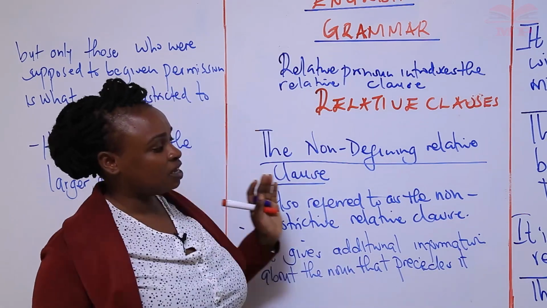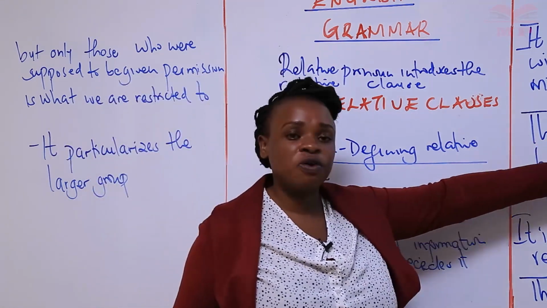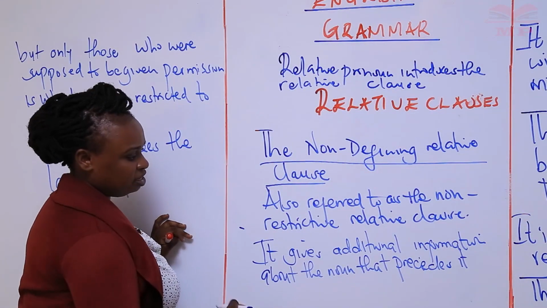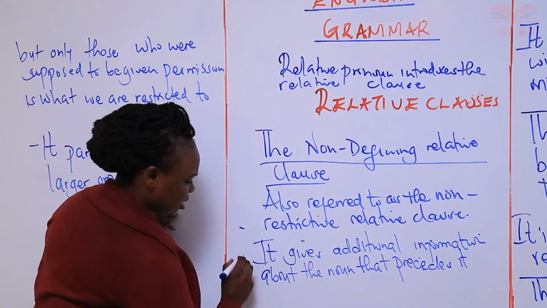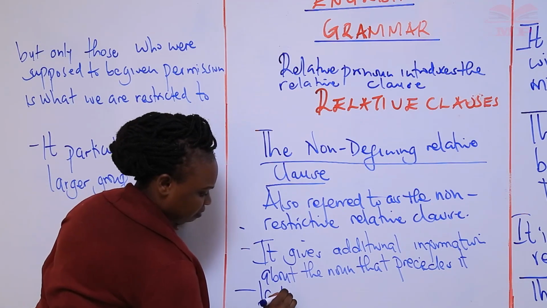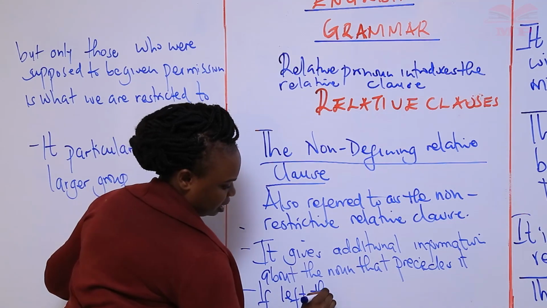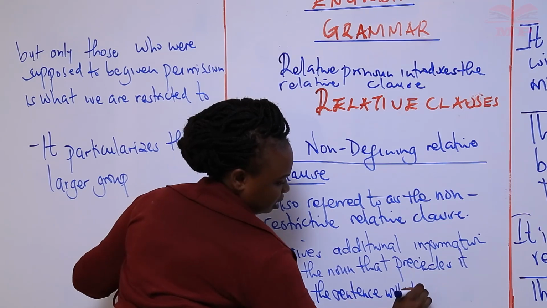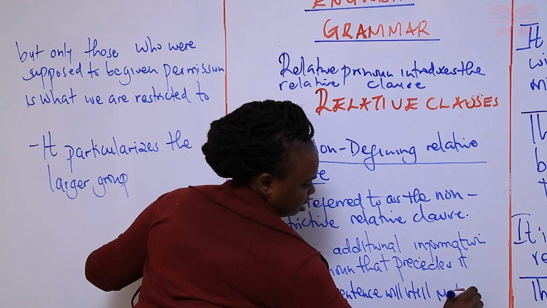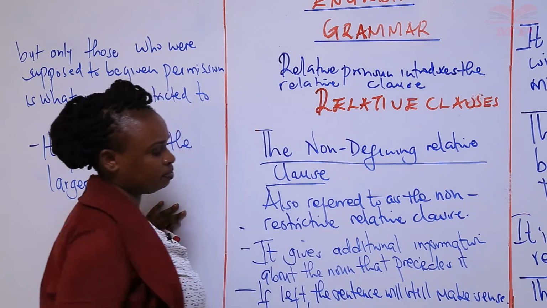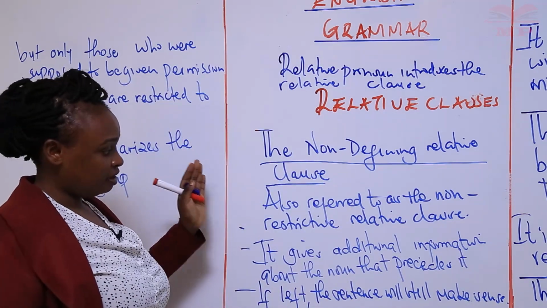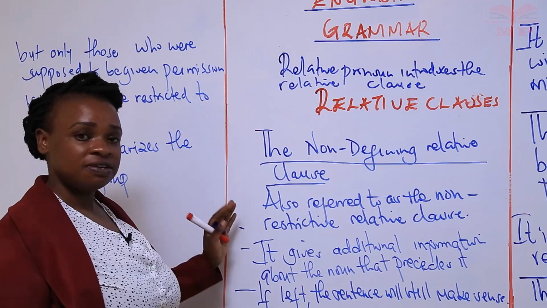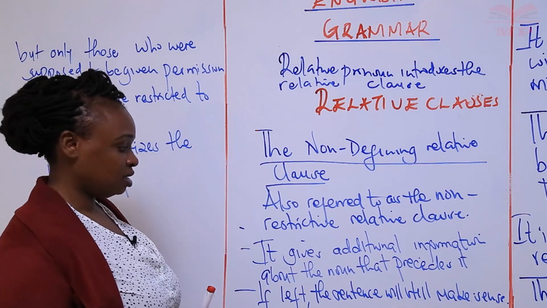That is, it gives us more information about the noun that comes before the relative clause, such that if left out, nothing will be interfered with. If left out, the sentence will still make sense. And we've also said that it gives additional information about the noun that precedes it.